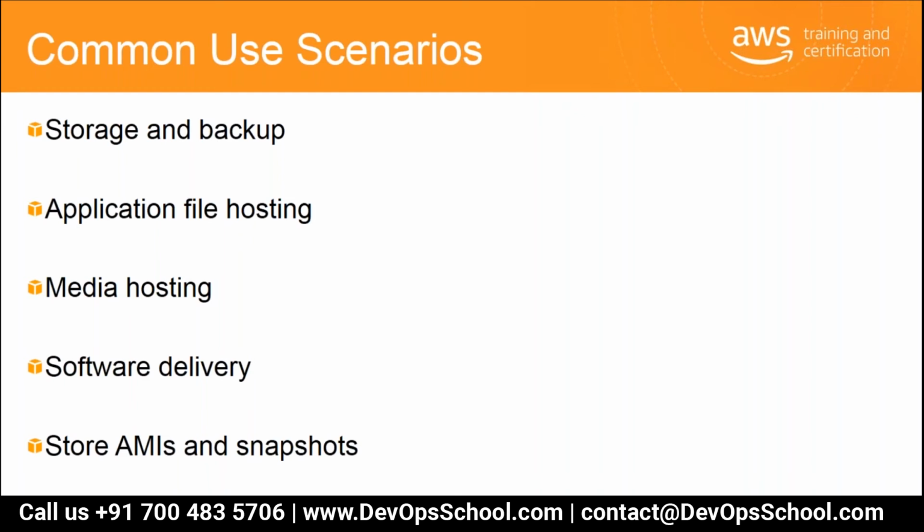You can also use it for storing AMIs and snapshots. So S3 has a wide variety of use cases. You can simply host a static website on S3, and people can access it without needing a VM or a web server.